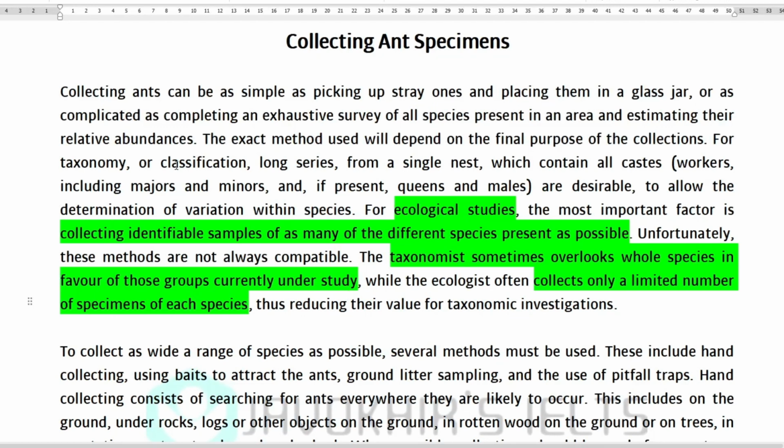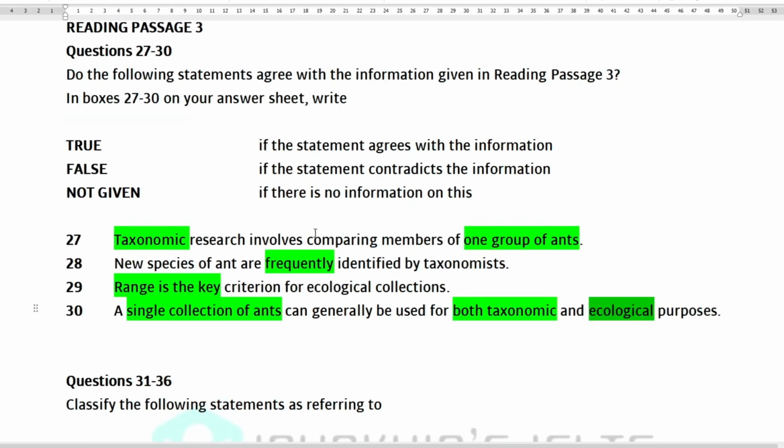For taxonomy or classification, long series from a single nest which contain all castes, workers including majors and minors, and if present queens and males, are desirable to allow the determination of variation within species. So that means that it involves classification.